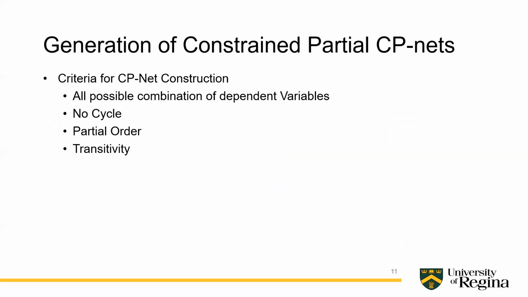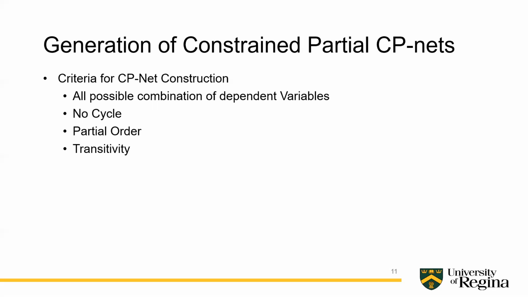Generation of conditional preference. There are four criteria that we had to consider while we generated the CPNet, as we are generating the CPNet based on the RB model and the whole network is random.